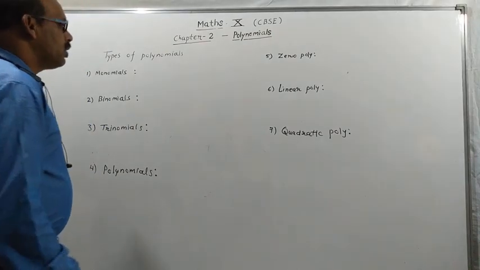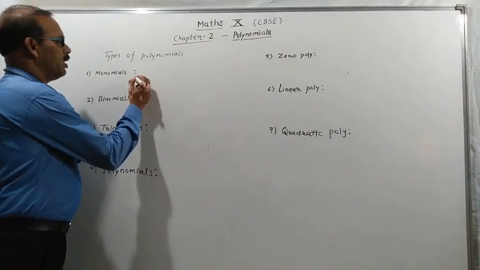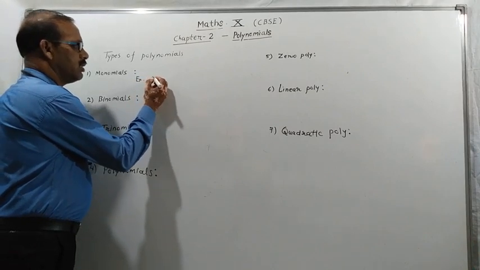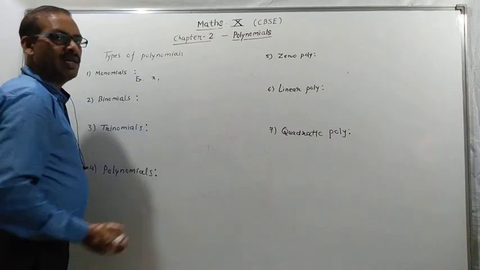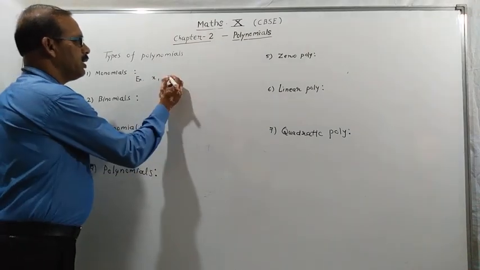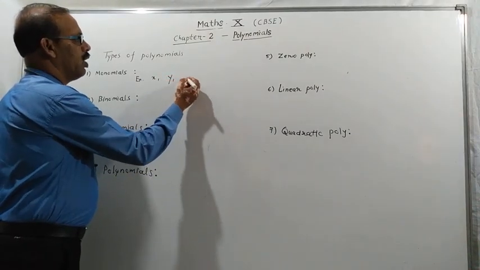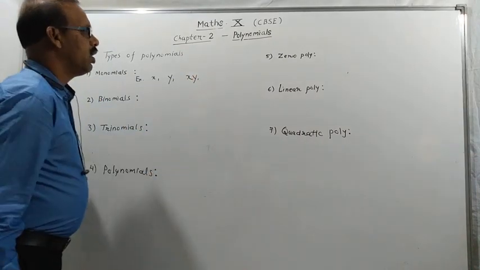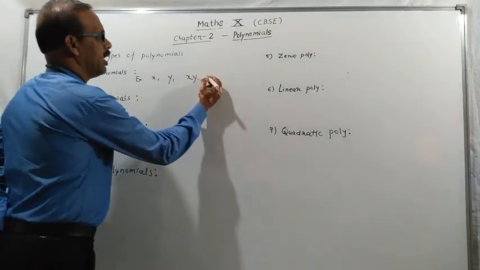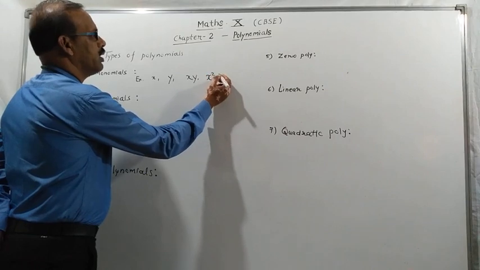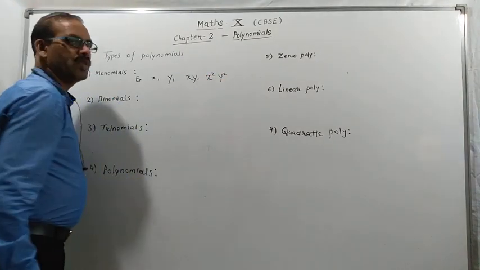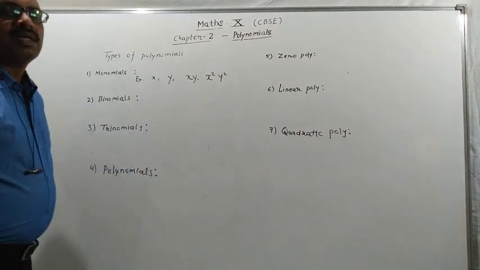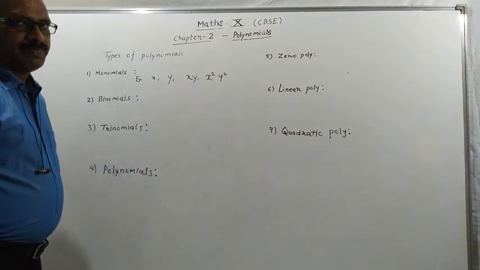Examples of monomials are the single variable x, or y, or the combination xy, or x square y square. Such a single term is called a monomial.